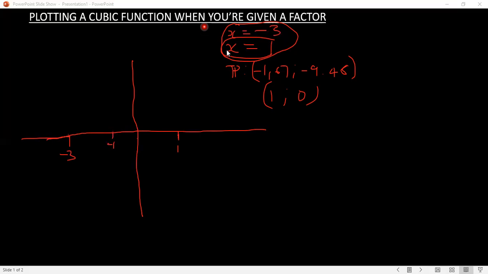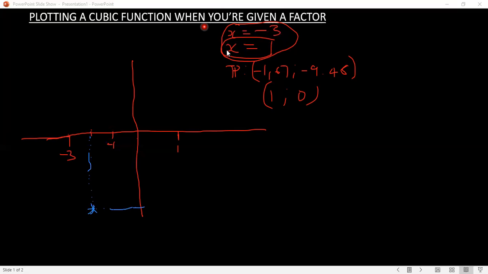Then negative 1.7 can be somewhere there. So there is negative 1.7. Let me use a different color. Then we go to negative 9.48, somewhere here. And just go down, go down. So you have a point here.